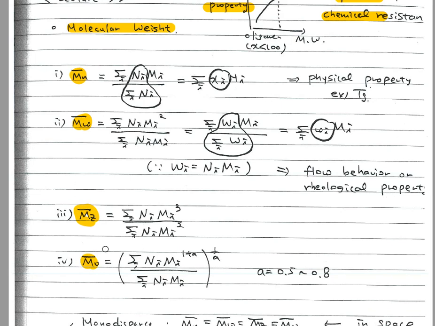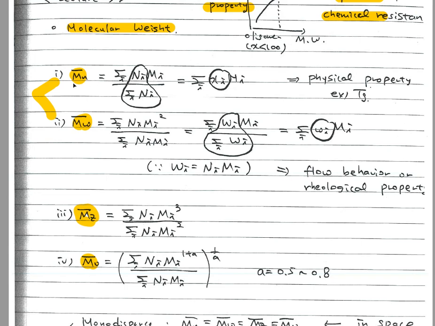You guys already have seen the definition of them, and I also uploaded the additional website link which differentiates these two, number average and weight average molecular weight. And the other two, the Z average or viscosity average molecular weight, are not that important compared to these two, number average and weight average ones.